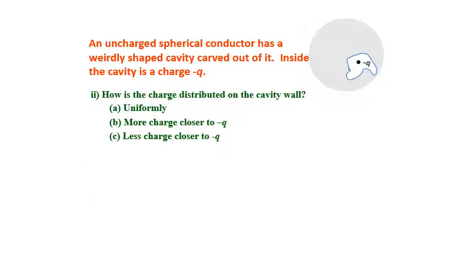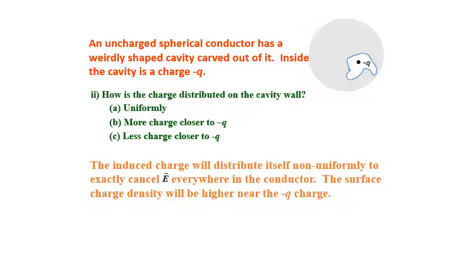An uncharged spherical conductor has an oddly shaped cavity. How is the charge distributed on the cavity wall? Is it uniform or non-uniform? The induced charge will be distributed non-uniformly to cancel E everywhere in the conductor, because inside there should be zero field. The surface charge density will be higher near minus Q. So B is the answer for this.